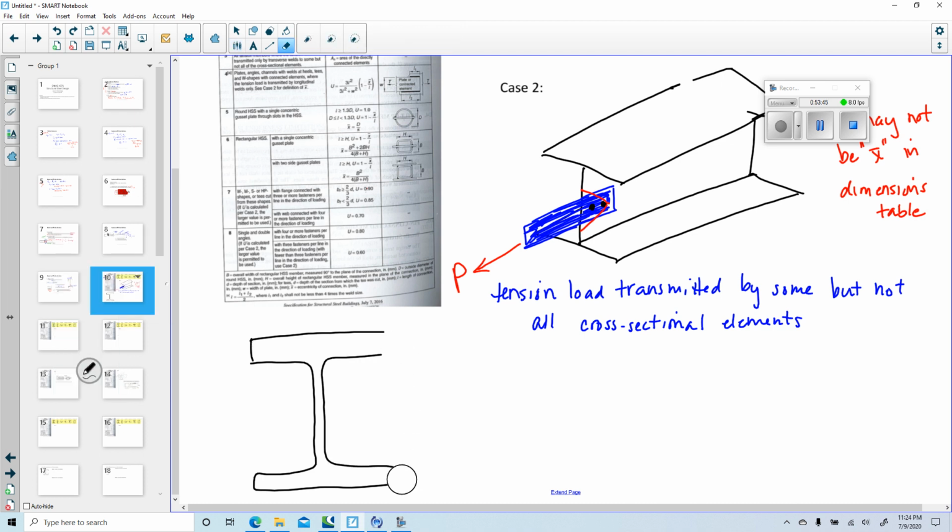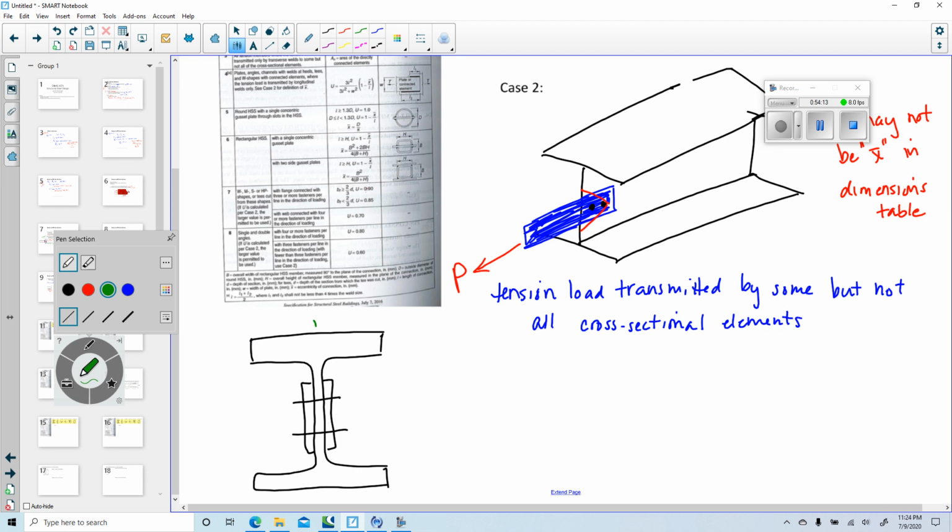Could make it a symmetric I-beam. Okay. And I have that, and maybe I have bolts through it. I want to know my eccentricity.